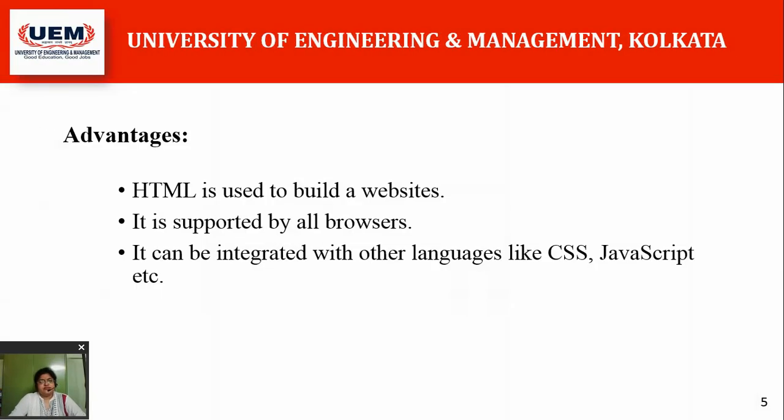So what are the advantages? A particular technology has advantages and disadvantages as well. At the very first, we have to know the advantages of Hypertext Markup Language. It is used to build websites, we all know that. It's supported by all the browsers. That means if you want to execute a particular HTML file in Google Chrome, it will execute.